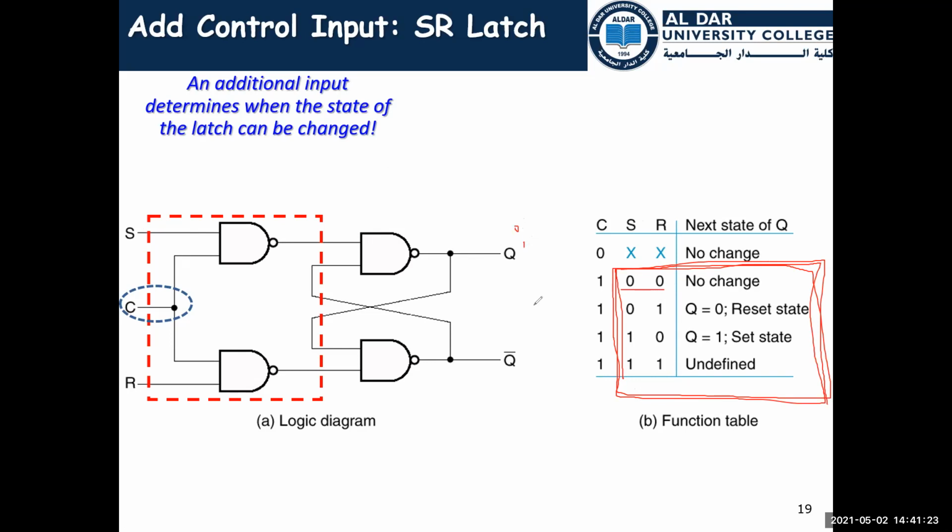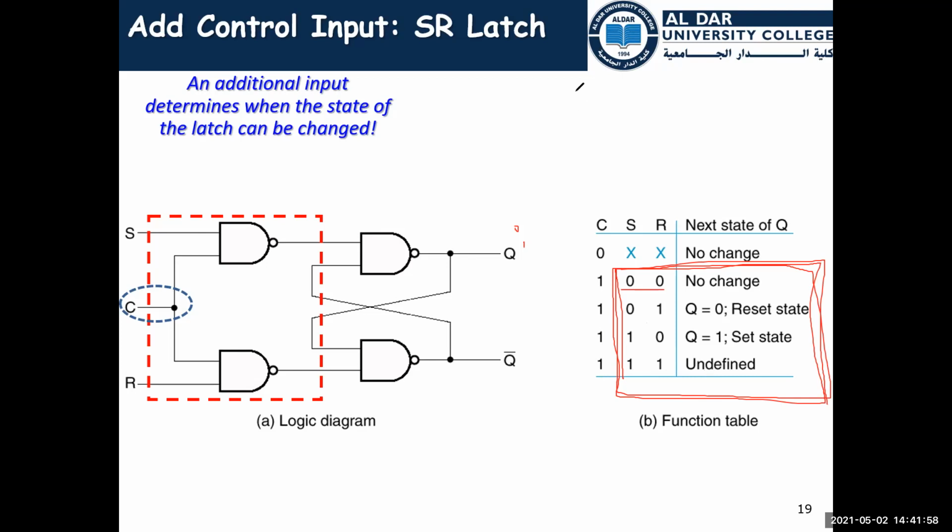If it is 1, it will always be 1. For 0 1, this means a reset state, which means I will hold an output of 0 for a long time. For 1 0, this is the set state, and I will hold 1 for a long time. And if I have 1 1 at the input, this is the undefined state.